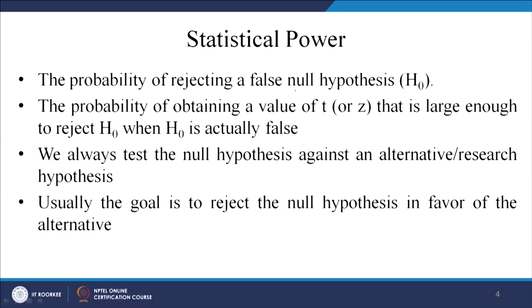Similarly, it is the probability of obtaining a value of t or z that is large enough to reject H0 when H0 is actually false. So, you need a significant value so that you can claim that this is wrong and it is not to be accepted. We always test the null hypothesis against an alternative, which we have already discussed. Usually the goal is to reject the null hypothesis in favor of the alternative.